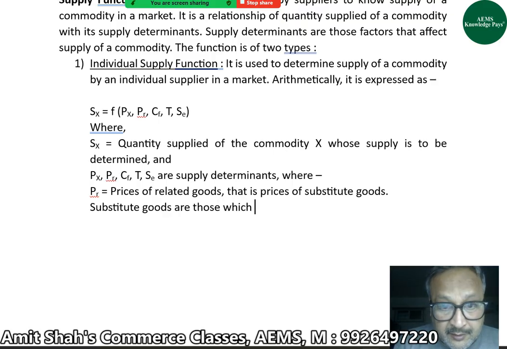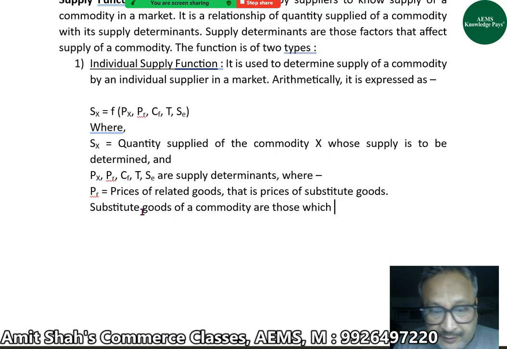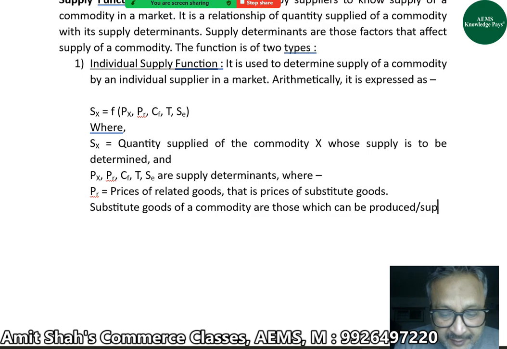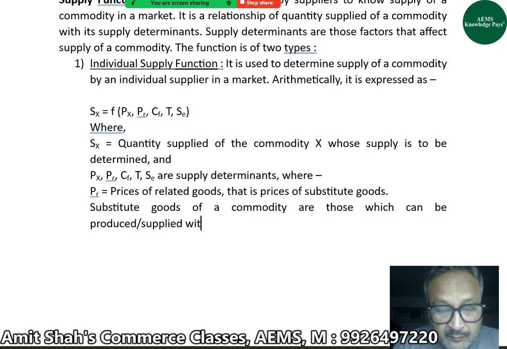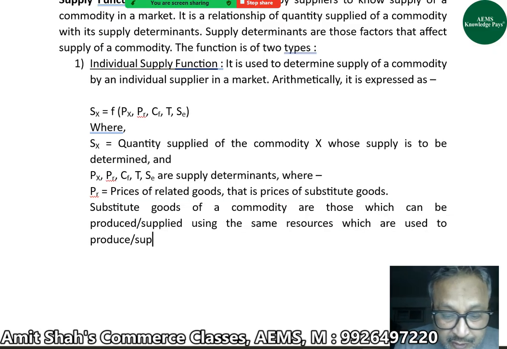Substitute goods of a commodity are those which can be produced or supplied using the same resources which are used to produce or supply the commodity.